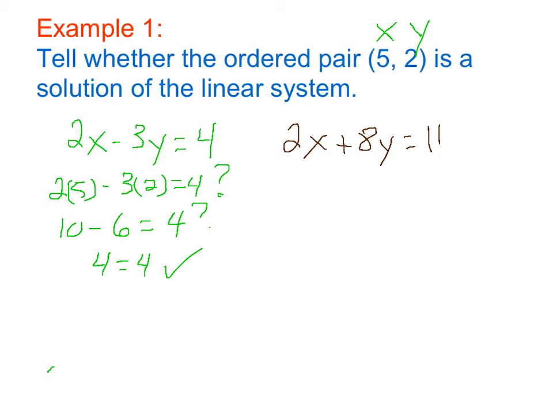So (5, 2) is a solution for the first equation, but now we want to double check the second. It's got to work for both of them. If it doesn't work for both, it's not a solution. So here we put in 2 times 5 plus 8 times 2 and see if that equals 11. 2 times 5 is 10. 8 times 2 is 16.